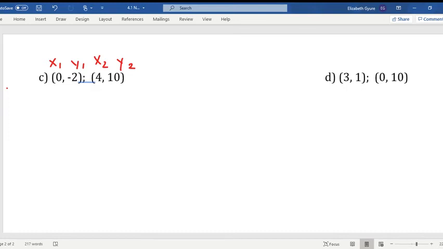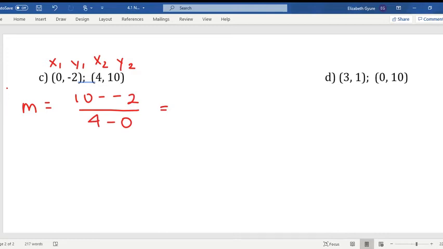Yeah, we're going to subtract the y. We're going to find our slope, right? But yeah, so Jake, you said to do 10 minus what on top? Good. 10 minus -2 on top. And then somebody else. What about on the bottom? 4 minus 0. Okay.